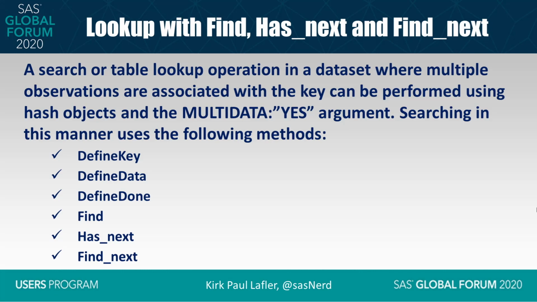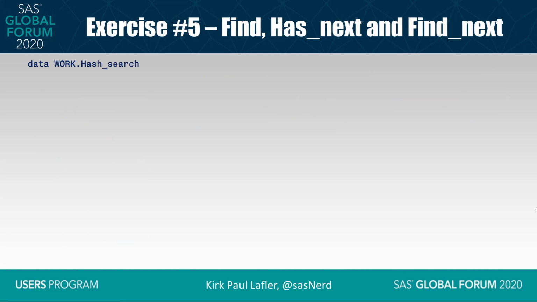We're going to use a lookup with find, has next, and find next. We're also going to specify, when we declare the hash and assign the name, the multi-data yes argument. The different methods we're going to use for this are define key, define data, define done, find, has next, and find next.